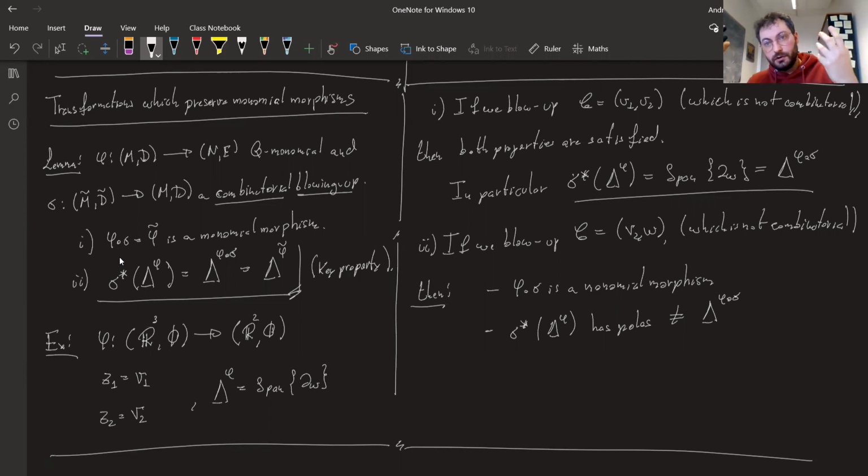And this is either going to play the role of a thesis or a hypothesis, in the same way that combinatorial would play a role, right? If we have a sequence of combinatorial blowings up, then something good happens. Or if we have an ideal which we call combinatorial, then there exists a sequence of combinatorial blowings up.